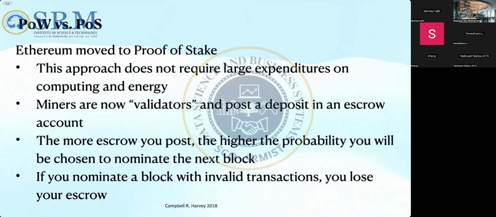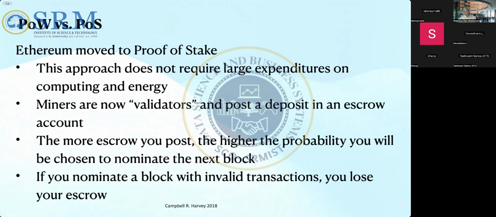So this is like some kind of auction, or not exactly an auction, because depending upon the consensus protocol, there will be some kind of randomization to choose who will be selected to make the next block. And remember one thing, if you nominate a block with invalid transactions, then you will lose your escrow account, all the deposit the miner has put in as escrow.